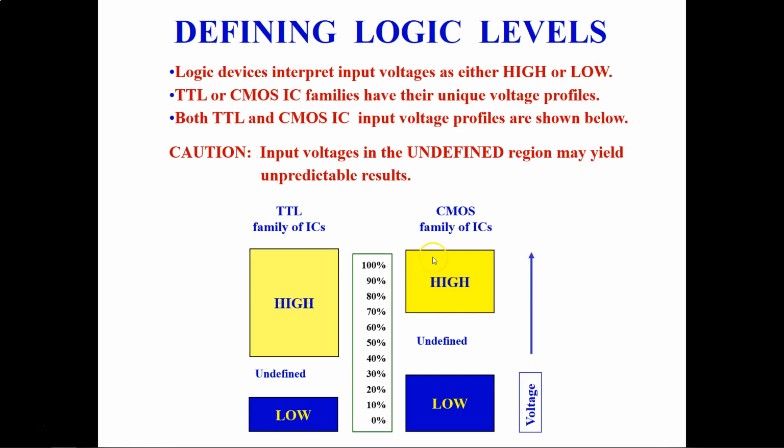So the advantage with CMOS is that they can be powered with voltages as high as 15 volts, and the noise immunity for the CMOS is better than TTL. Now let's see next.